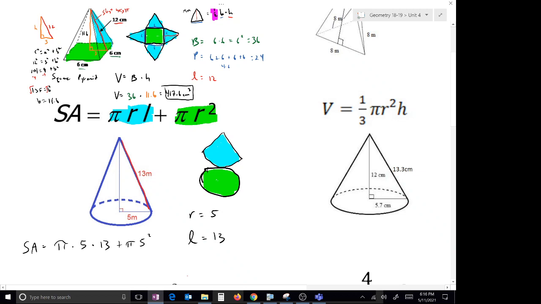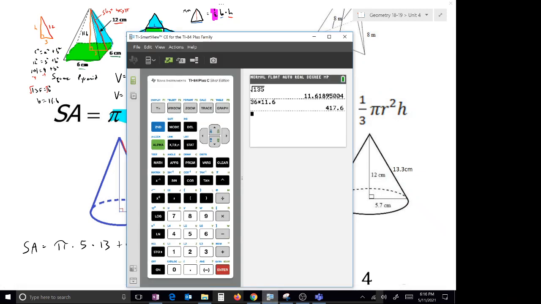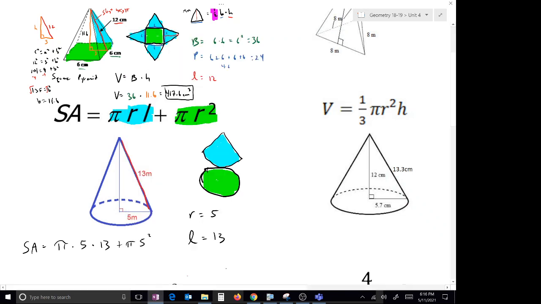So 5 times 13 is 65, so we got 65 pi here. 5 squared is 25, so we got another 25 pi there.